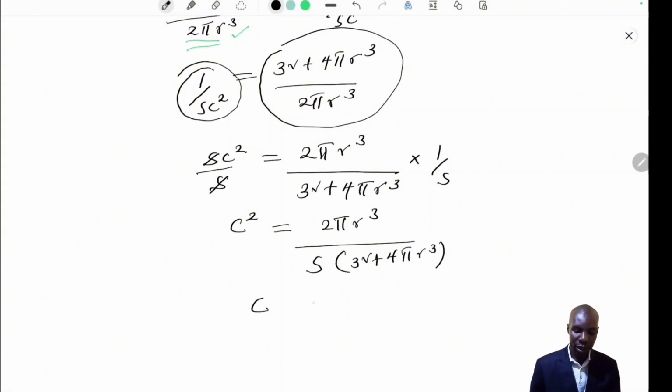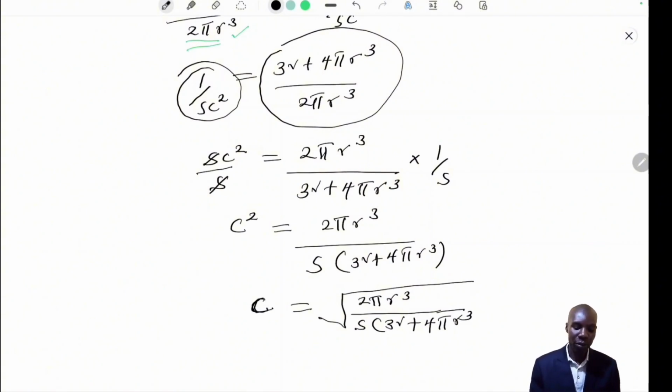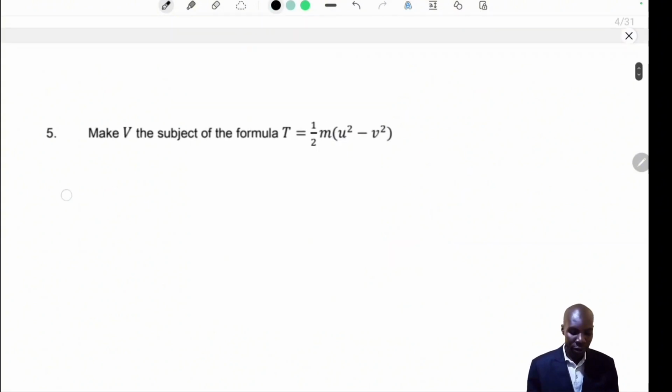Then c alone is now going to be the square root of 2 pi r to power 3 over s in bracket 3v plus 4 pi r to power 3. And we have made c the subject of that formula.